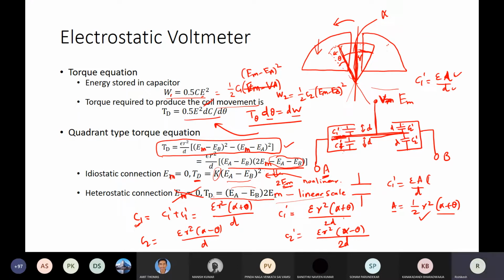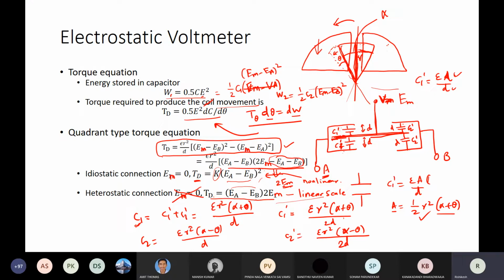We talked that the PMMC instrument is capable of measuring current as well as voltage. So can we use electrostatic voltmeter for current measurement? It is not possible, because the torque is not proportional to current, but it is proportional to voltage.